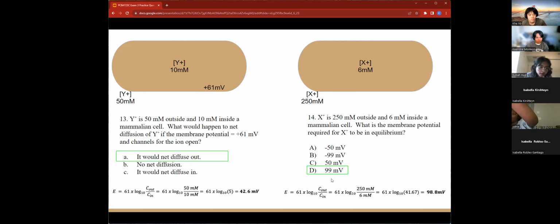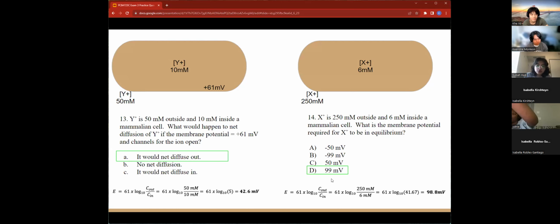First you would calculate the Nernst potential for Y, and you can see it's 42.6 millivolts. That value is where Y is going to be in equilibrium. If the membrane potential was at 42.6, there would be no net diffusion of Y. The ions would still be moving, but not in one overall direction.